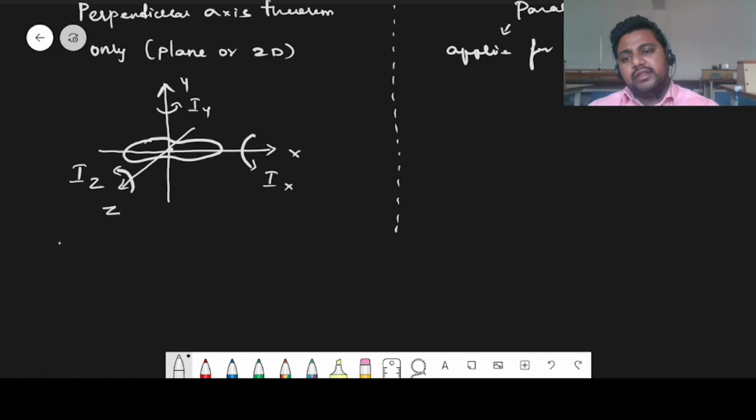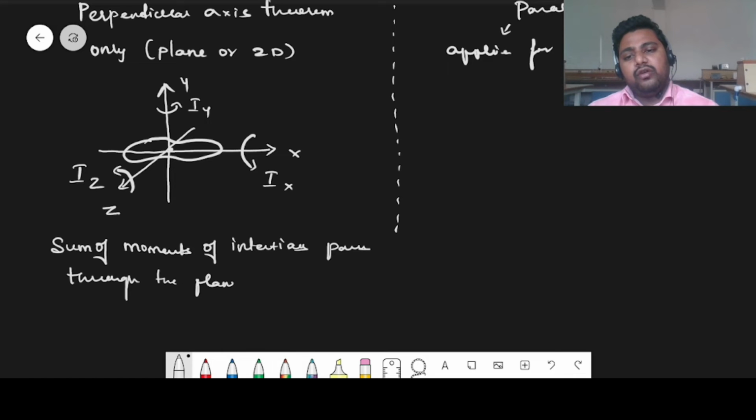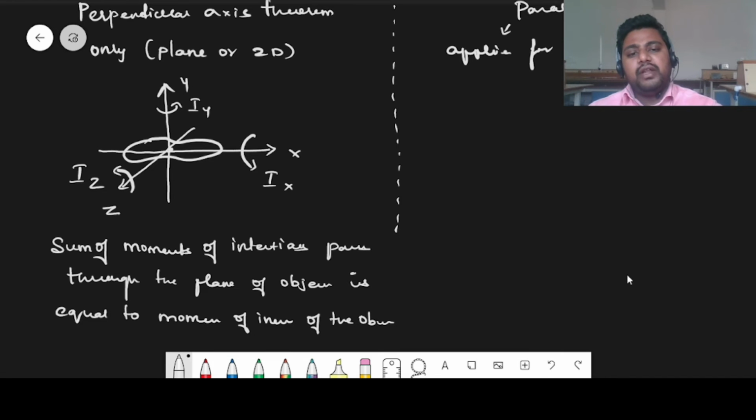Always the sum of moments of inertia passing through the plane of the object is equal to the moment of inertia of the object passing perpendicular to the object.